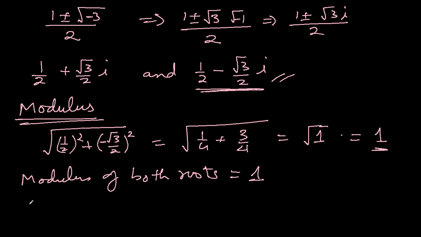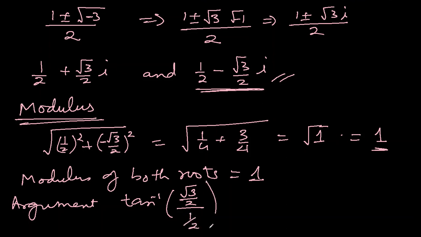Let's talk about the argument. Let's focus on this one first. Argument is always tan inverse of the imaginary part divided by the real part. You can put this straight away in a calculator, but I'm doing it mentally. 2 and 2 cancel because they are the denominators of the respective numerators.